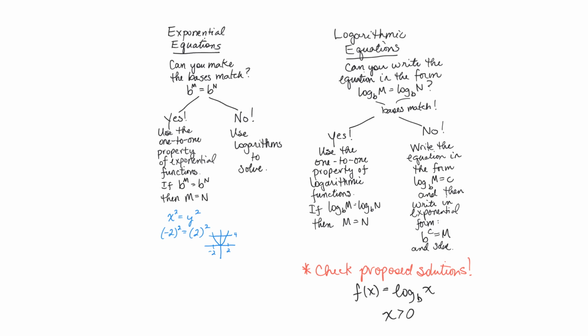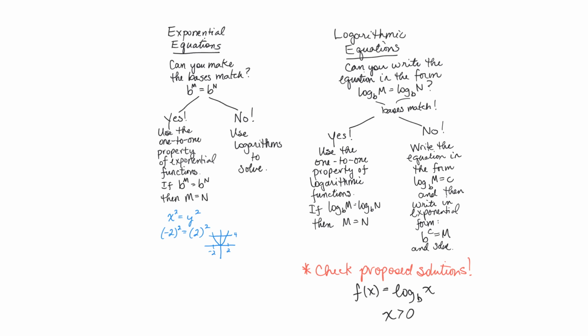Logarithms are not defined over the real numbers for arguments or inputs that are less than or equal to 0. It just doesn't make sense, because remember that the base has to be greater than 0, and the result of raising any positive number to any exponent at all will always be a positive number, right? So it's not meaningful for me to even think about taking the logarithm of a non-positive number.